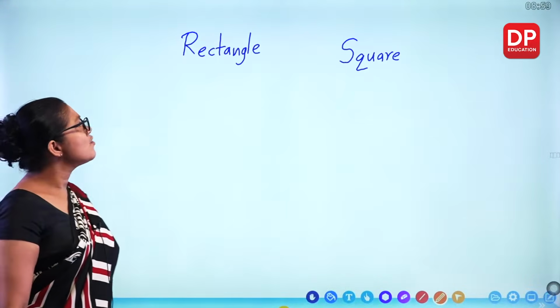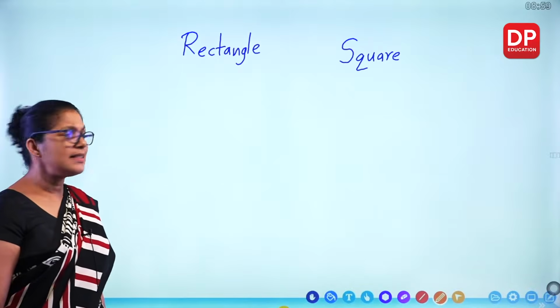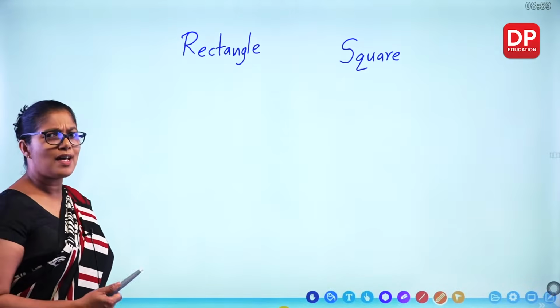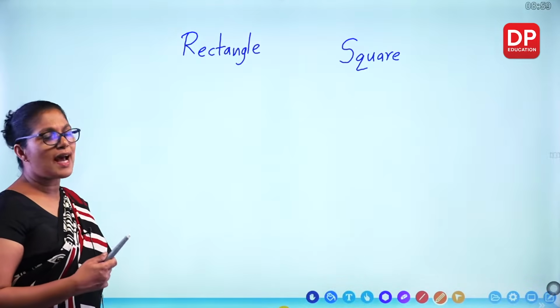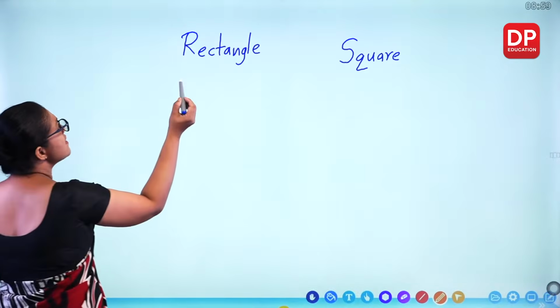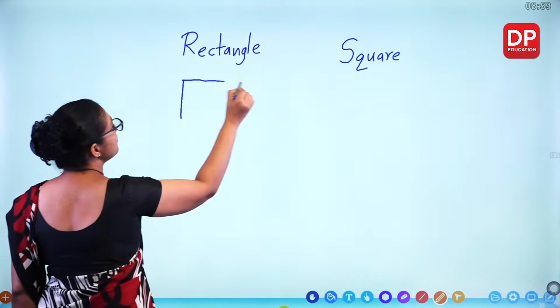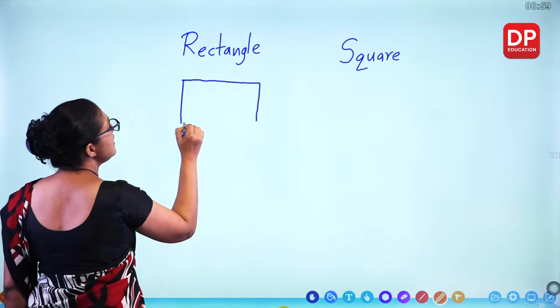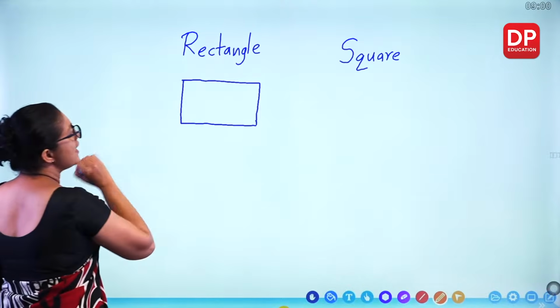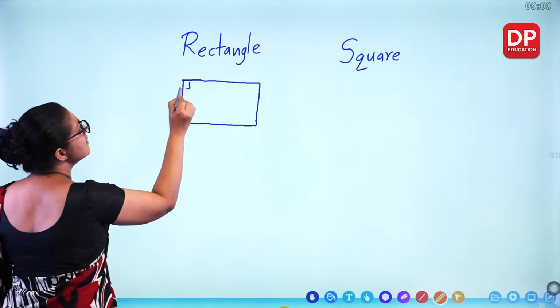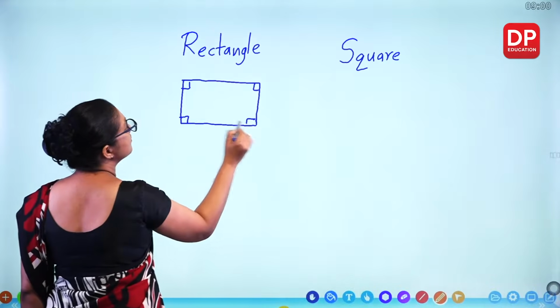Now we'll take these two shapes, rectangle and a square. Those are quadrilaterals, four-sided figures. So what is a rectangle? Rectangle is a shape like this. Angles are 90 degrees.